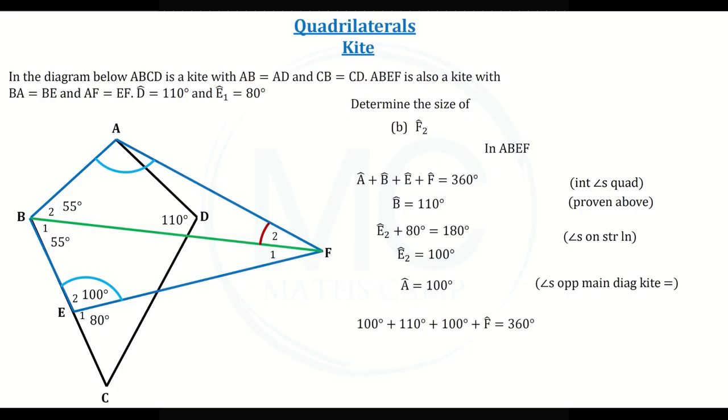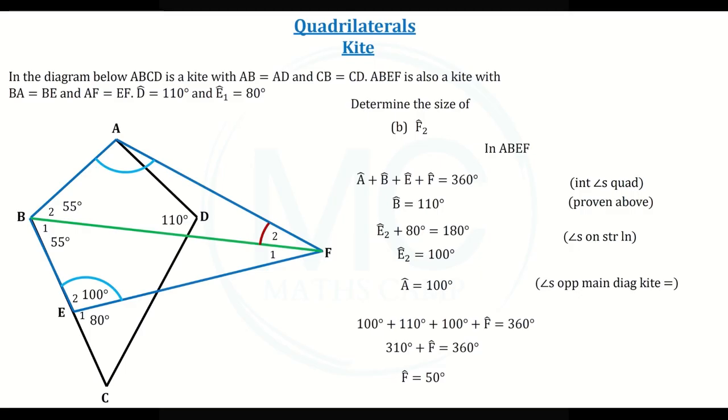And now we have an equation we can use to solve for F. 100 plus 110 plus another 100 leaves us with 310 degrees, plus angle F is equal to 360 degrees. Now to get F by itself, we subtract 310 from both sides, and we can see that F will be equal to 50 degrees.